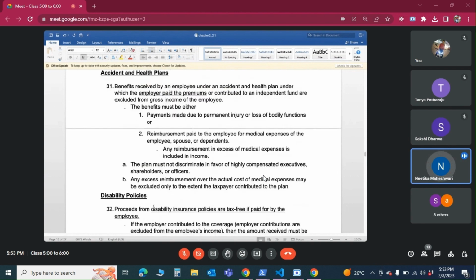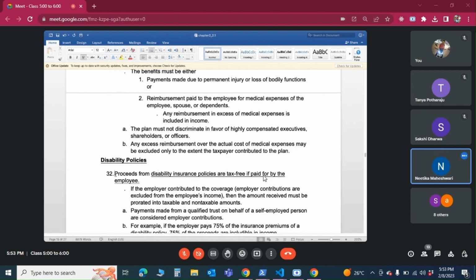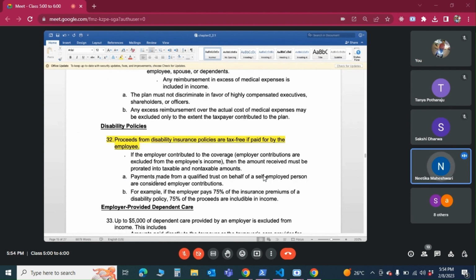I'm sorry, it's clearly saying that proceeds from disability insurance policies are tax-free only if paid by the employee. The employee has to pay the premium, then they get tax-free. If the premium is shared by employer and employee, then in that ratio, we'll have to figure out what is taxable, what is non-taxable. So we have to prorate into taxable and non-taxable amount.